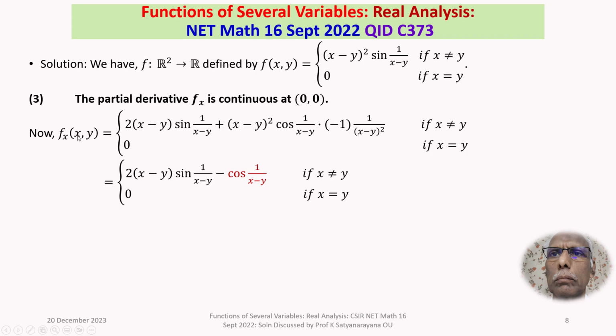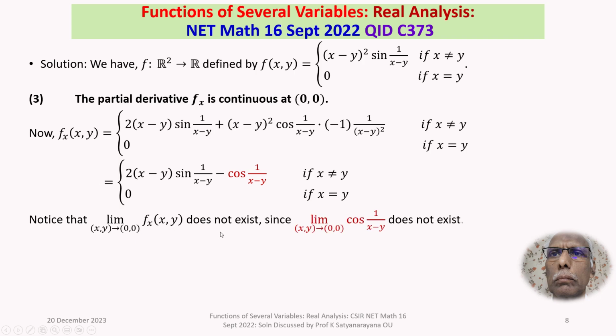First of all, the limit should exist, and that should be equal to the value of the function fx at (0, 0). First, is it existing? So, notice that the limit as (x, y) tends to (0, 0) of fx(x, y) does not exist because the limit as (x, y) tends to (0, 0) of cos of 1 by (x minus y) does not exist.